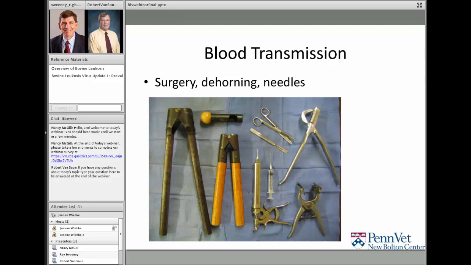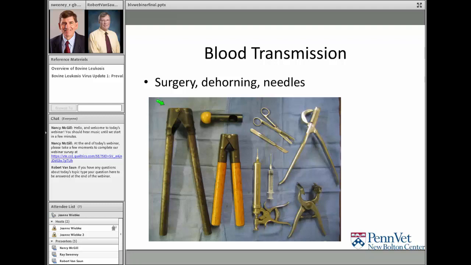Now, while flies do play a major role in transmission, unfortunately, humans, veterinarians, and animal handlers have also contributed to the spread of this disease on our dairy farms by doing procedures which promote the exchange or exposure of uninfected cows to blood from infected cows. And if you think about some of the common invasive procedures that occur on dairy farms, dehorning is one of the most common, and of course can be, depending on the age and the method used, a very bloody procedure because the horn buds have a pretty strong blood supply.